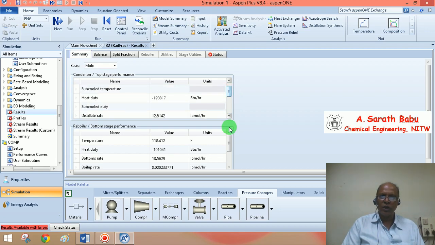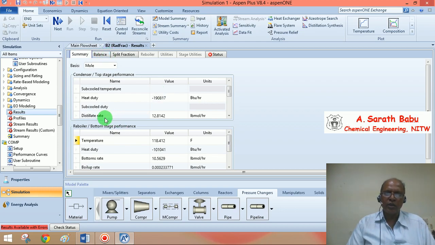So heat duty, bottoms to feed ratio. Okay, balance split fraction. So you can identify the distillate rate 0.5 was given, but the input is coming at the rate of 100.